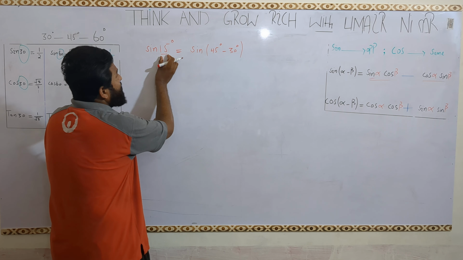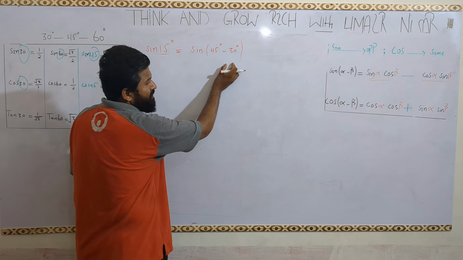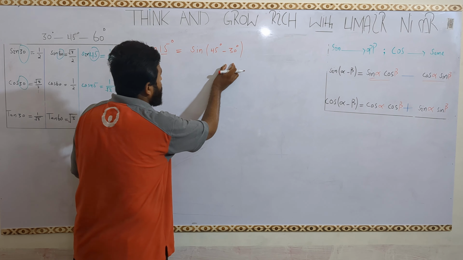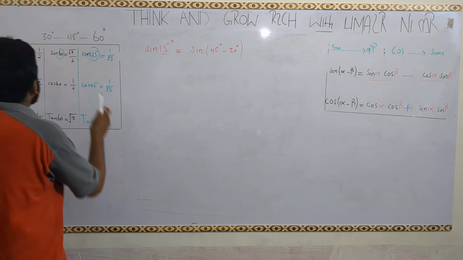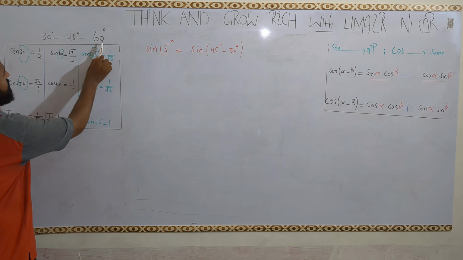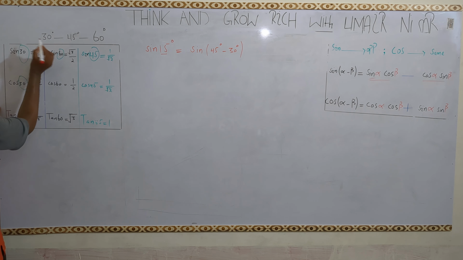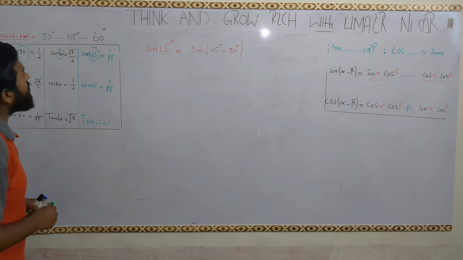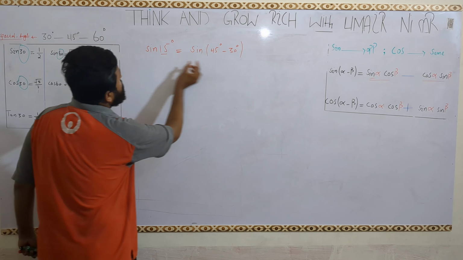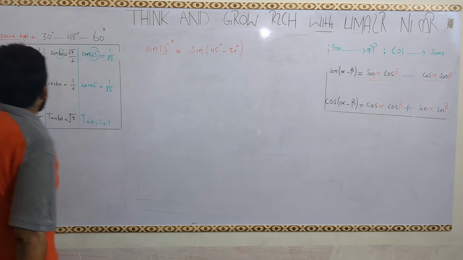The reason is that the values we have in our mind are of 30, 45 and 60. These are called special angles, and we have remembered these values from early classes. That's why I write 15 as 45 minus 30.